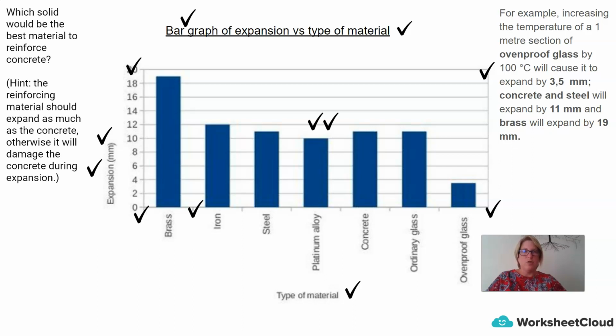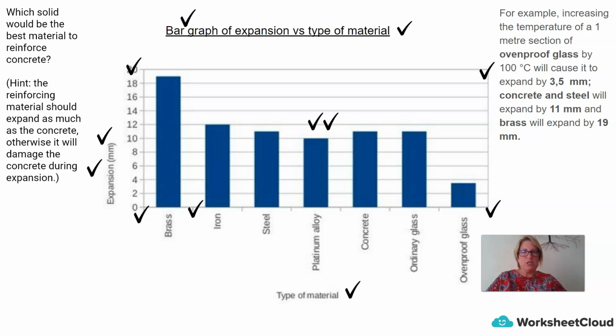So just to get you thinking for a moment, what solid would be the best material to reinforce concrete? So if I was building some type of construction and I needed to strengthen or add something to the concrete, what would be the best substance?